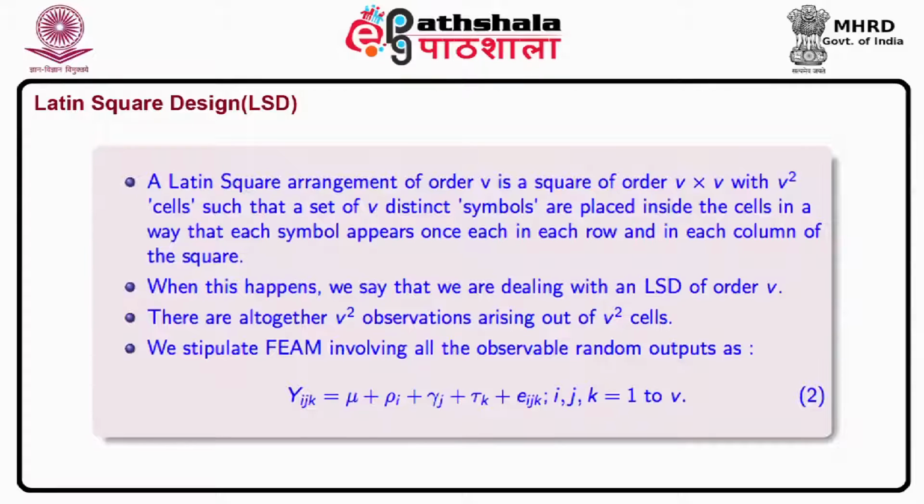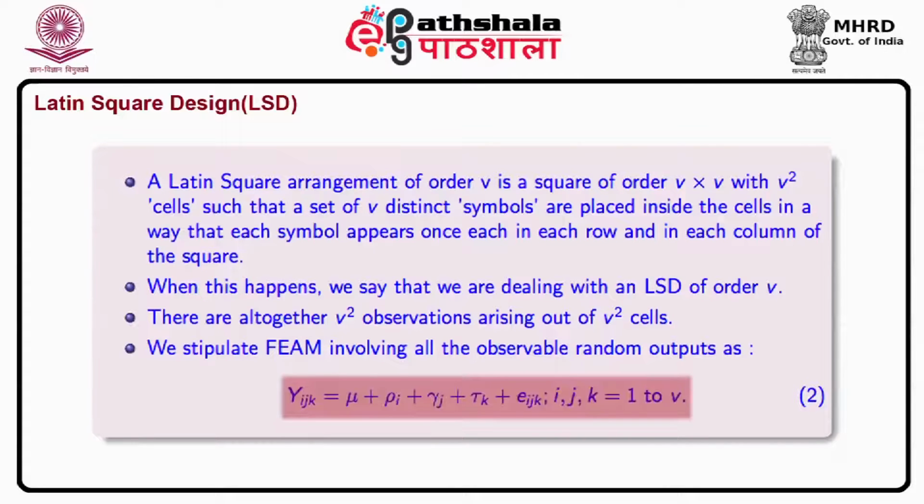There are altogether v square observations arising out of v square cells, and we stipulate fixed effect additive models involving all the observational random outputs as Y_ijk is equal to mu plus rho_i plus gamma_j plus tau_k plus E_ijk. I can see that now you are incorporating in your model the general mean mu.